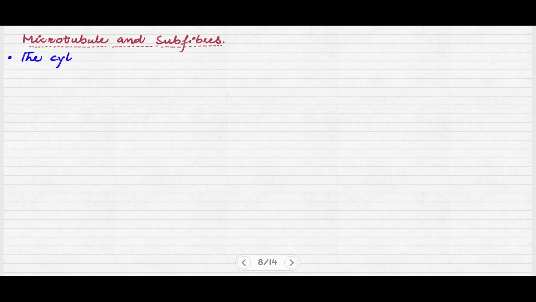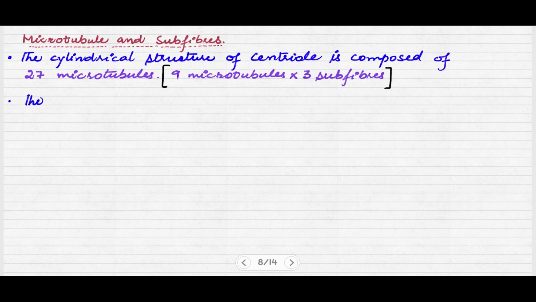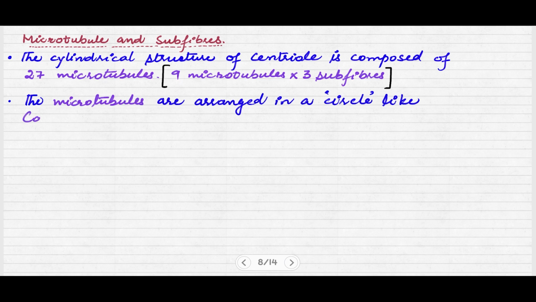In this slide, we will learn about the microtubules, subfibers and their respective arrangement. As we know, the centriole is composed of 9 microtubules, each with 3 subfibers, that is a total of 27 microtubules. The microtubules are arranged in a circle-like fashion, or we can say a cartwheel-like organization.